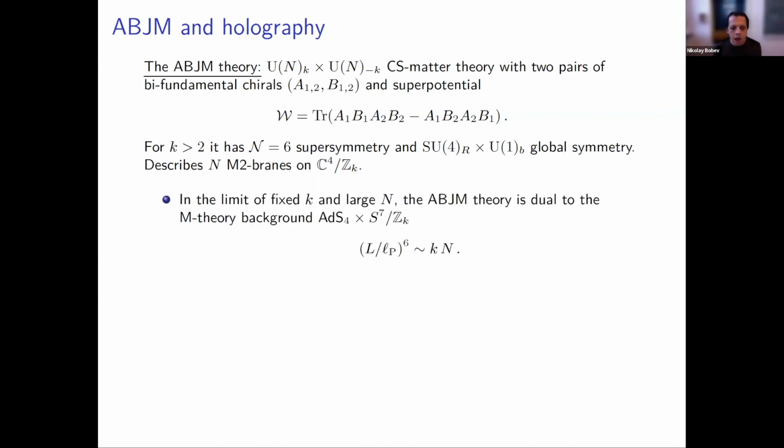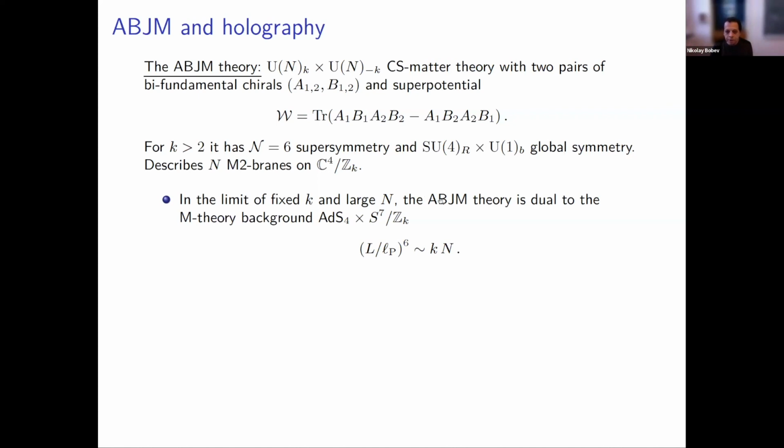We'll be interested in this model in the large N limit to make contact with AdS/CFT, but there are at least two interesting large N limits that you can study. There may be more, but I'm going to talk about two of them. One thing that you can do is to fix k to be some fixed integer, let's say 1 or 5 or 11, and then take N, the rank of the gauge group, to be large.